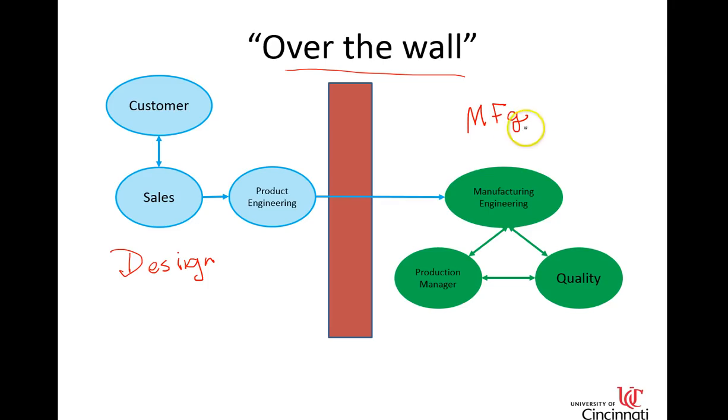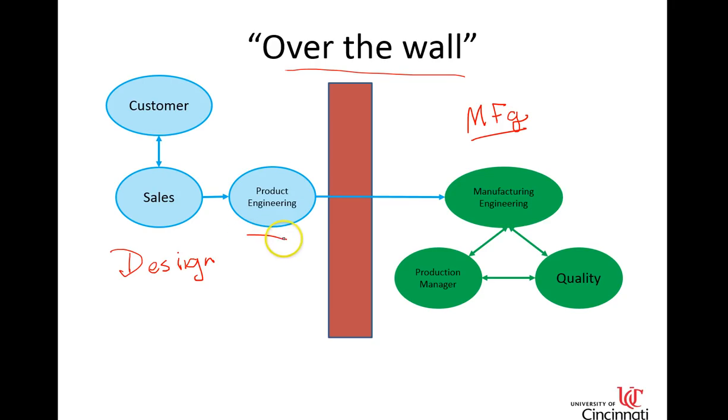Somebody comes up with the design, they know what a customer wants. Some salesman comes up with the idea, and the sales guy relays it to the product engineering team, and they come up with some solution to what that customer was requesting.